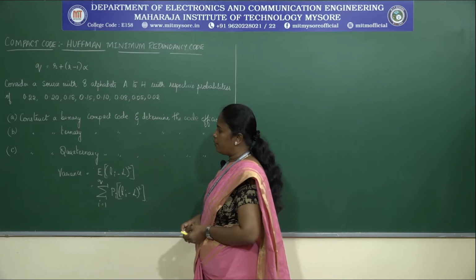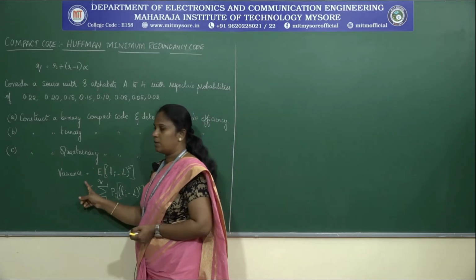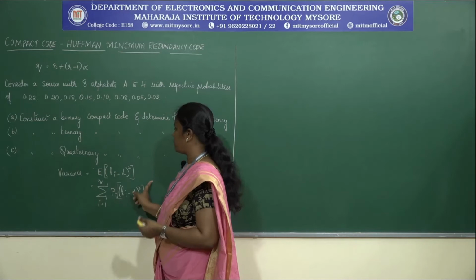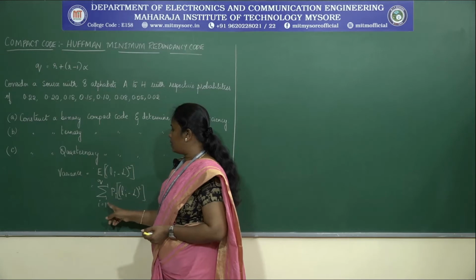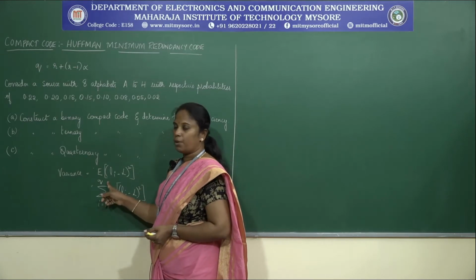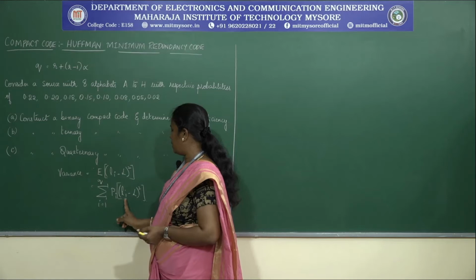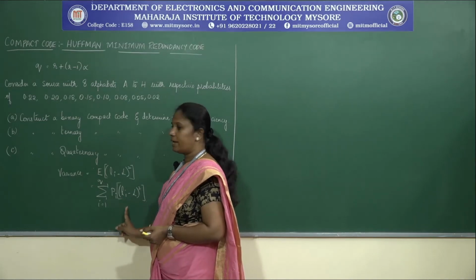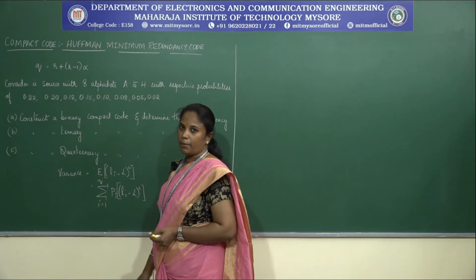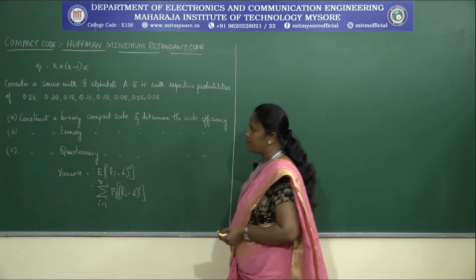And also we need to find the variance. Variance is given by this equation: E of (Li minus L) whole square, which equals the summation of i equals 1 to q of Pi times (Li minus L) whole square, where Li is the length, Pi is the probability and capital L is the minimum average length we need to find out.